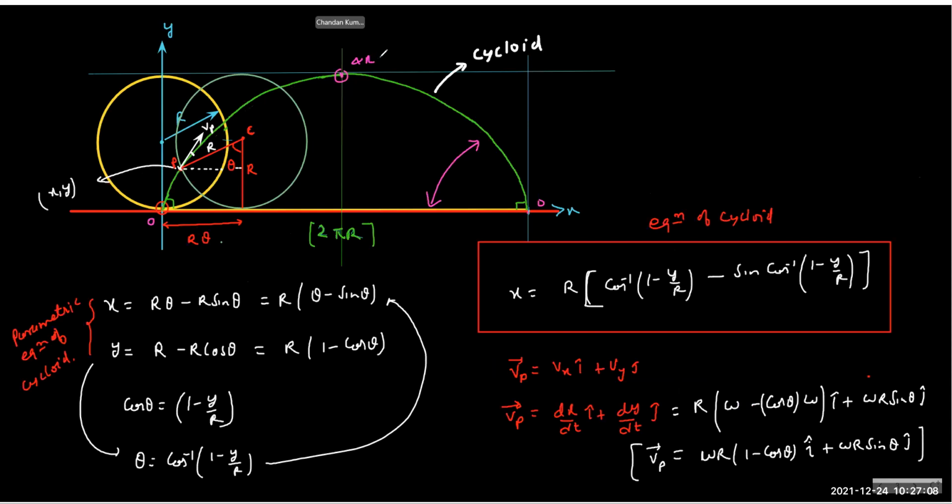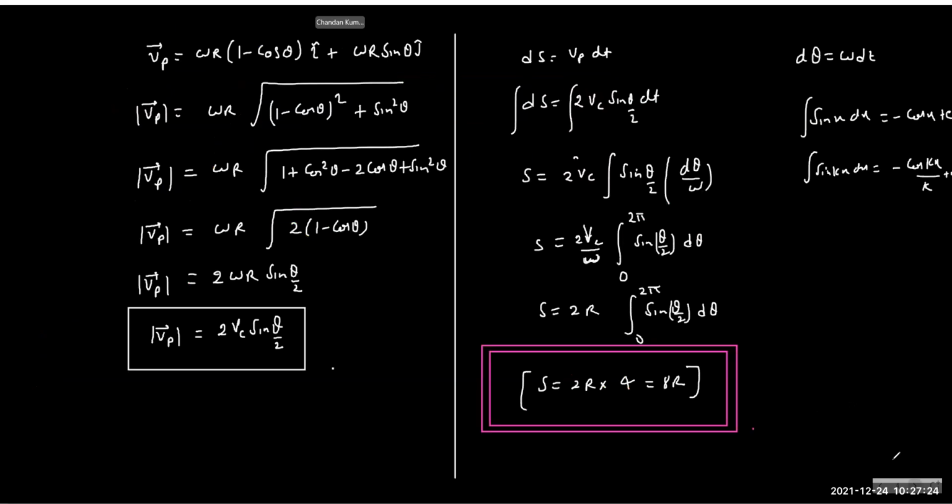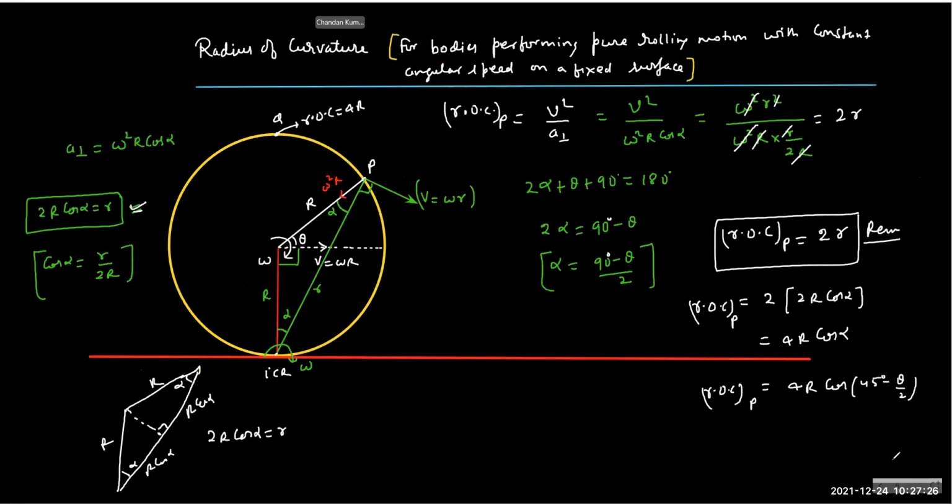So the ROC of this point is 4r, and this ROC is 0. So the values will vary from 0 to 4r, and that is the ROC value, the radius of curvature. You can find this answer very easily. Let's say I ask you, what is the radius of curvature of this point? This is very easy because we know the distance, root 2r.